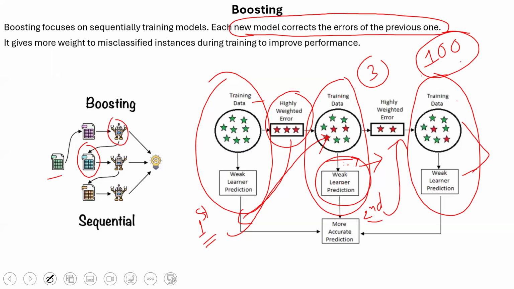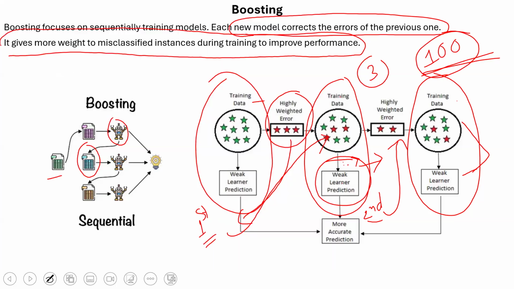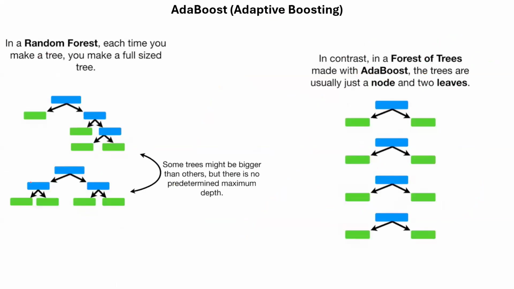Similarly, in the real world, we will construct a hundred such trees or models in the boosting technique. It gives more weightage to the misclassified instances during training to improve performance. How it actually gives more weightage to the misclassified instances is what we are going to see now. Okay, so going back here.